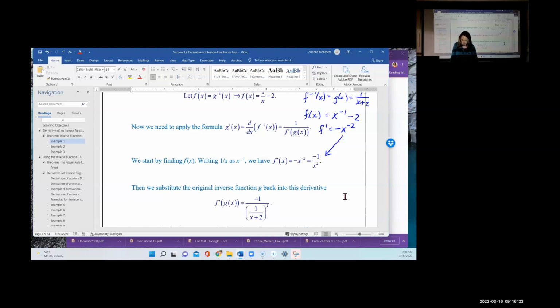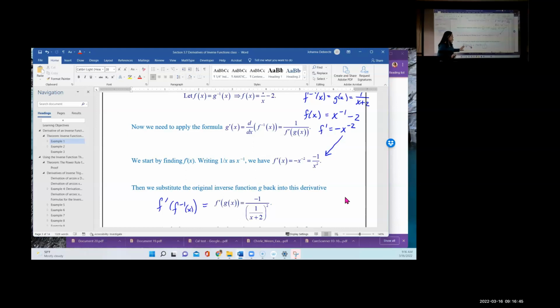All right. So we're just applying the formula. This is f prime of f inverse at x. All right. So we have f prime of f inverse at x.